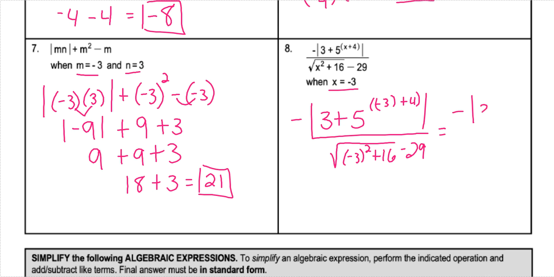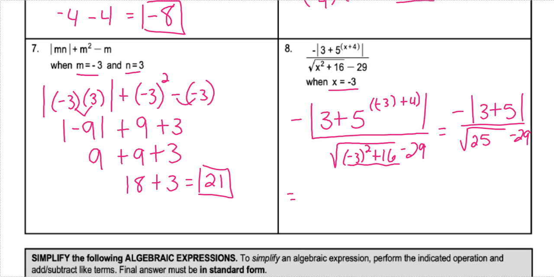This is going to be the absolute value of 3 plus 5. Let's see, -3 plus 4, that's the first power. So I'm just going to leave that as 5, because 5 to the first power is 5. In the denominator, let's simplify that square root. So I've got 9 plus 16 here, which is 25. And then minus 29.